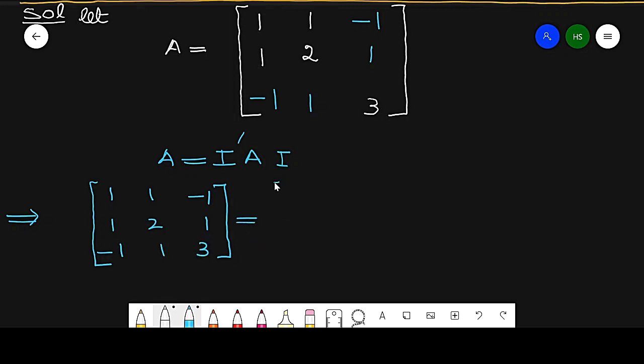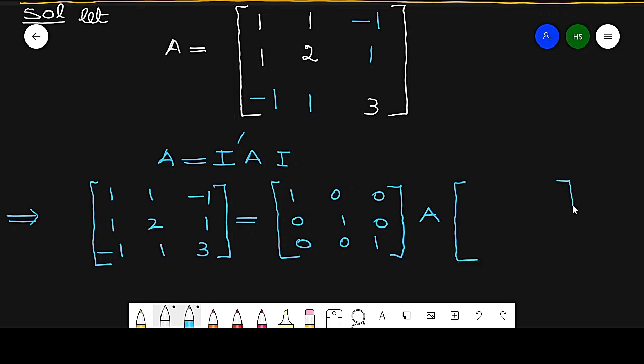Here I is the identity matrix, transpose of I, which is 1 0 0, 0 1 0, 0 0 1, into A matrix, into again the identity matrix. So this is equation number 1.